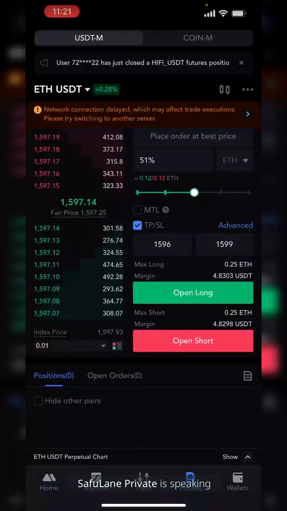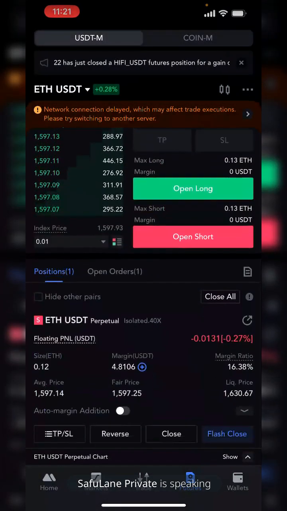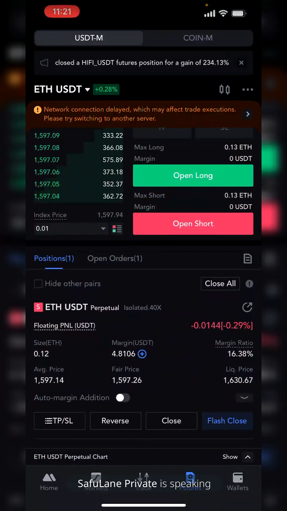So let's see. Confirm. It's going to allow me, because like I told you, all these exchanges are very wise. They know what I'm trying to do, and I'm very new to this. The way I've done it is like someone who is very, very new to trading. So they intentionally allow me to take this trade because I have a higher chance of losing.